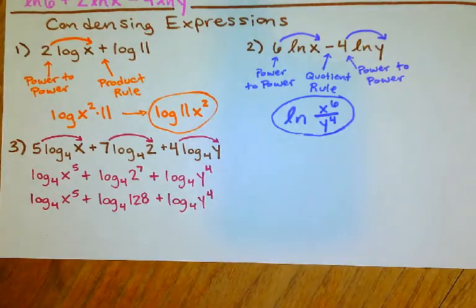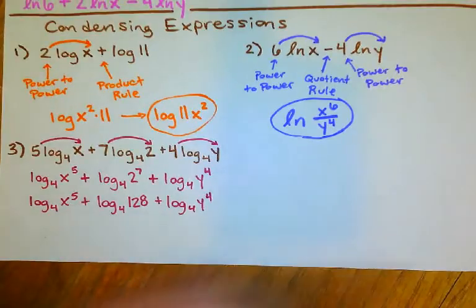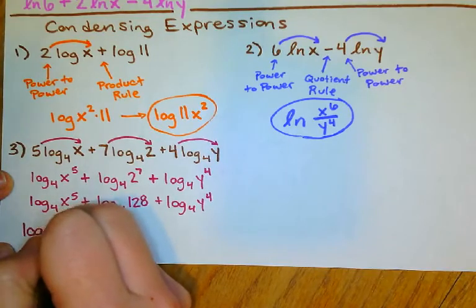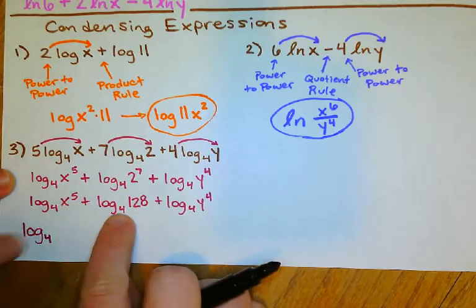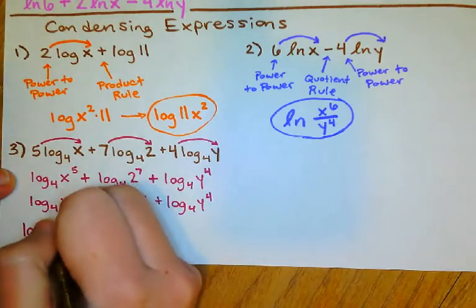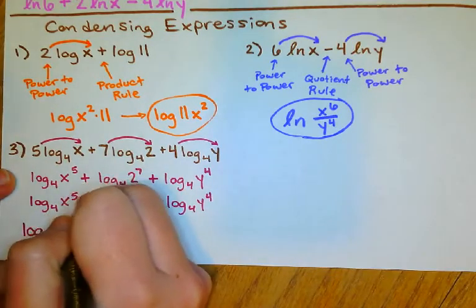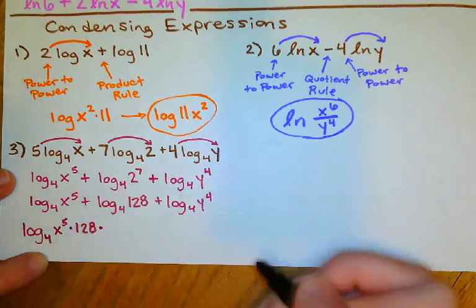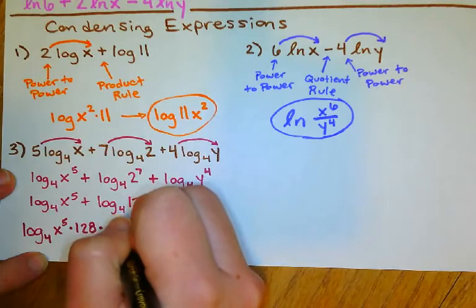Alright, now to put this all together, remember these plus signs mean multiplication. Right? So, I'm going to have just 1 log base 4. The reason we can put all these together is because the bases are the same. Alright, and we're going to have x to the 5th times 128 times y to the 4th.